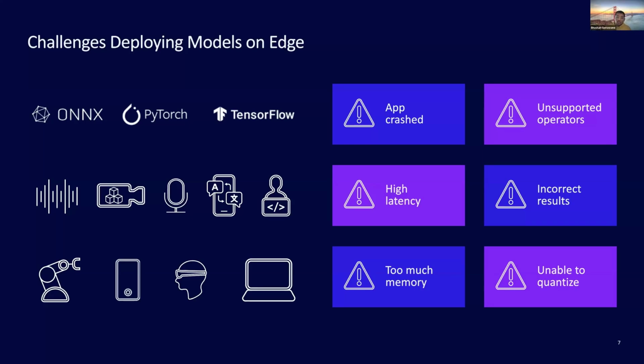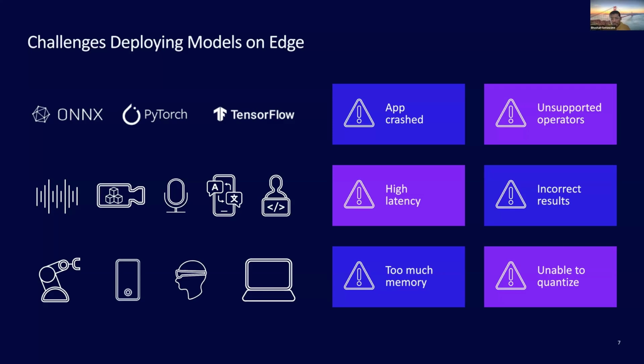So we had to build a tool ourselves, in house, to convert models from ONNX to TensorFlow. And after conversion, 20 to 30% of the models were very poor in terms of performance, and some of them were also resulting in incorrect results.